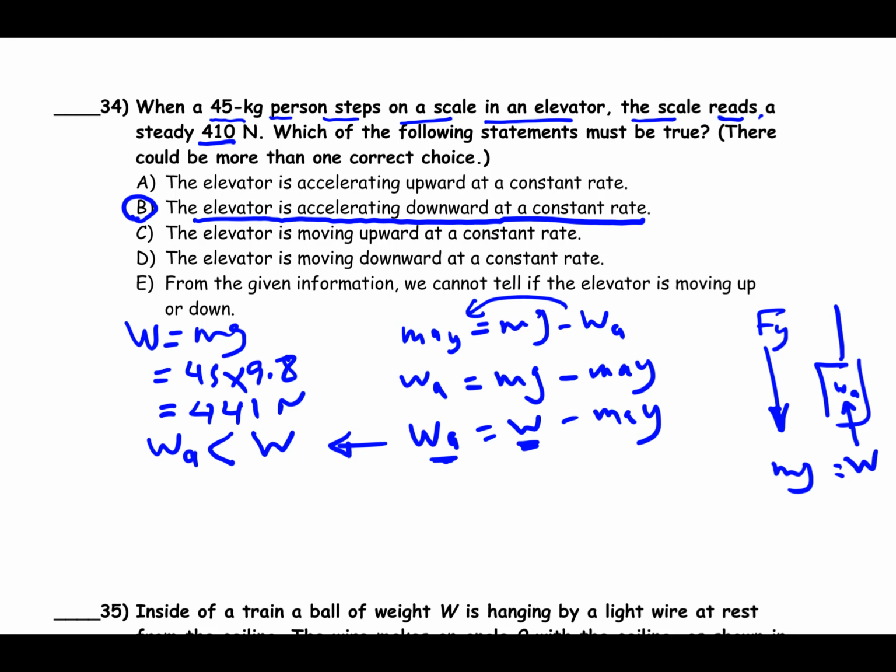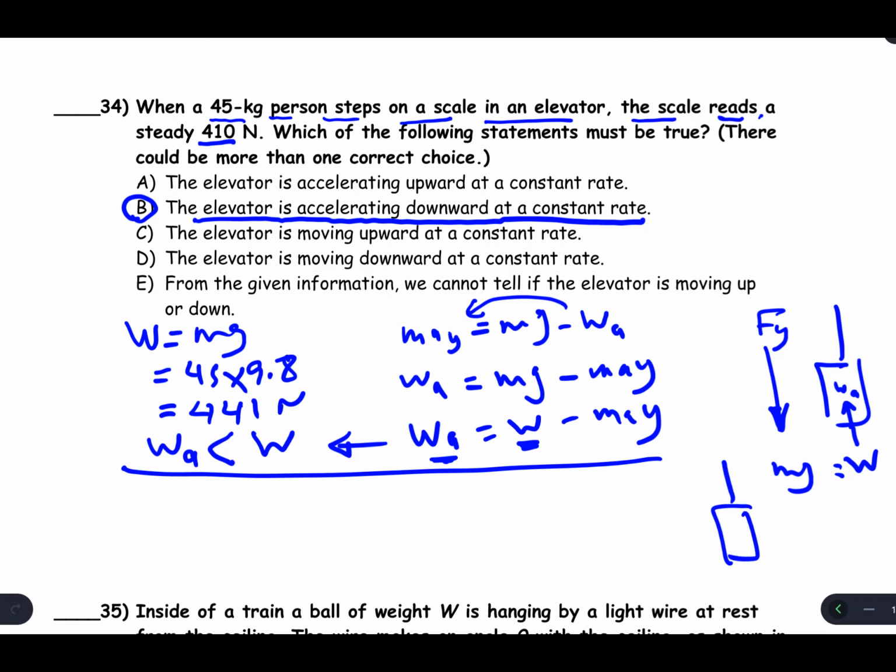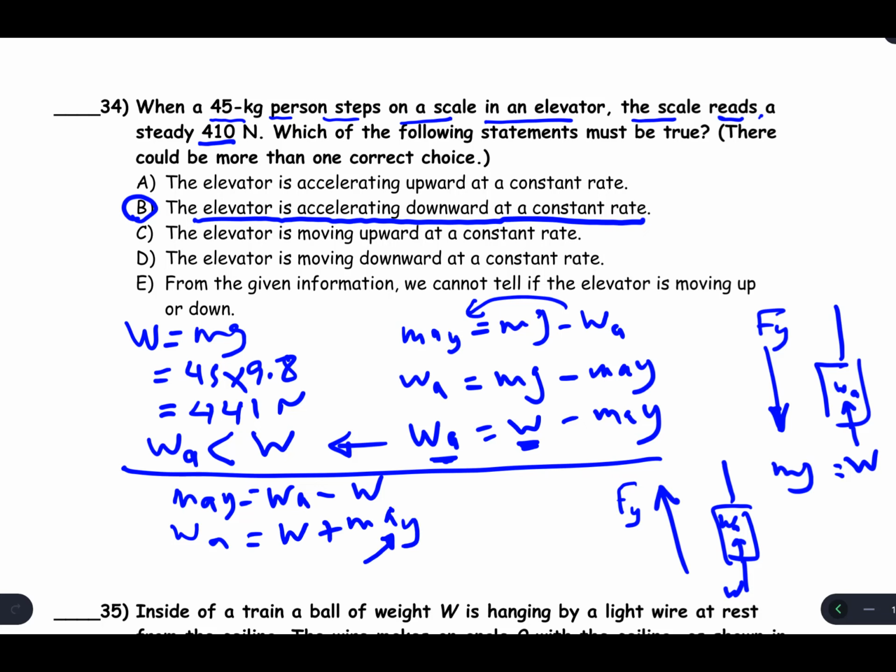But there is another case. Imagine that the elevator is going upward, but it is slowing down, decelerating. Let's try it. This is Fy. So may equals WA minus W, where here is W and here WA. So WA equals W plus may. But what if ay is negative?